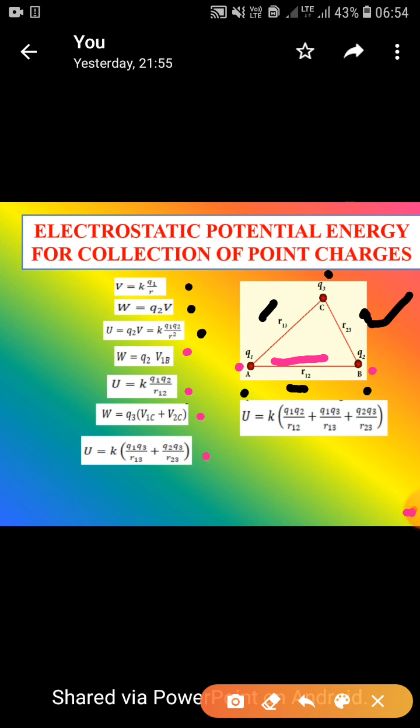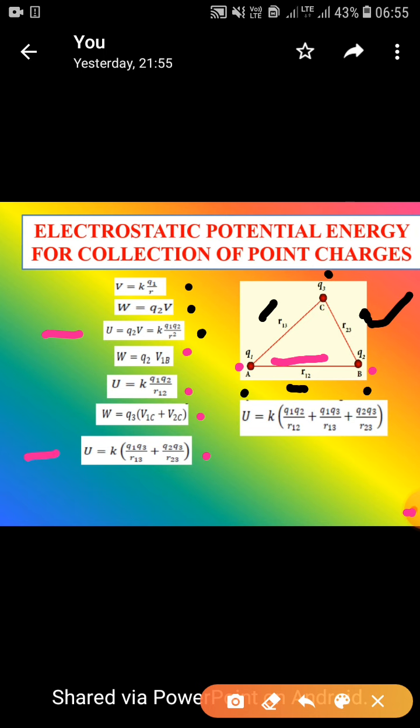Here again we substitute the value of V. We get the electrostatic potential energy as U is equal to k of q1 q3 divided by r13 plus q2 q3 divided by r23. So this is our equation number 1, this is our equation number 2.